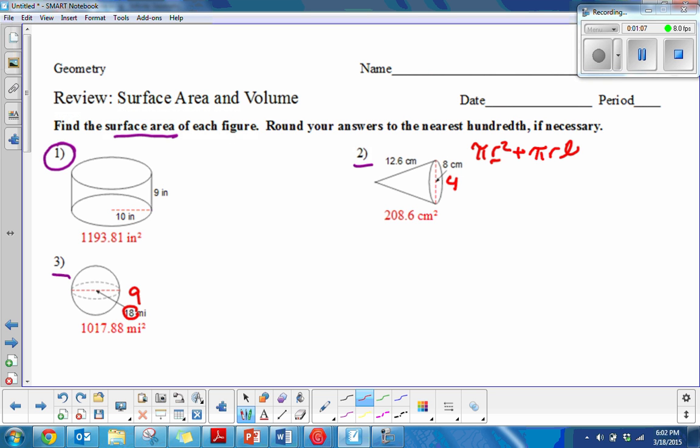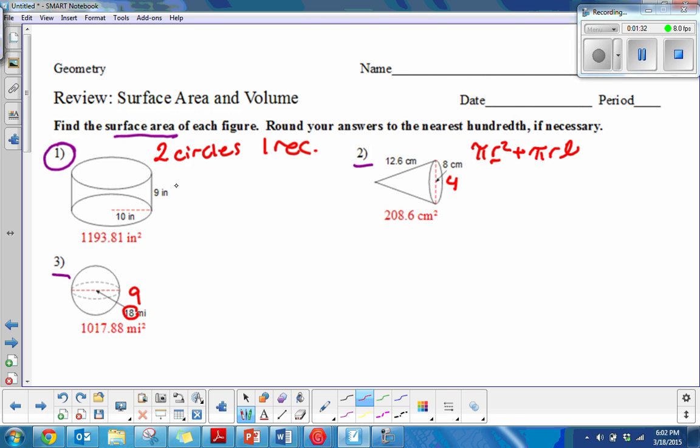But the one we want to be careful of is this cylinder, because you don't have a specific equation you're working with. You're just piecing together all the pieces. Now what we have is two circles, and if you unwind this piece going around, you have one rectangle. The circles, you can find the area easily enough.